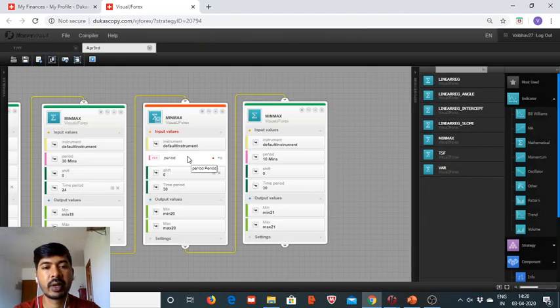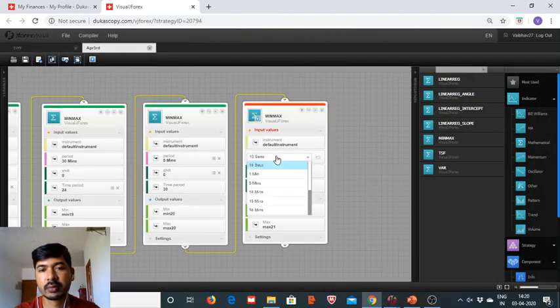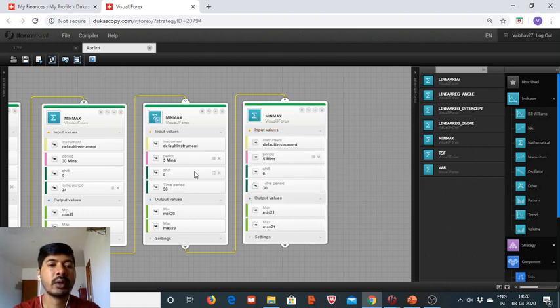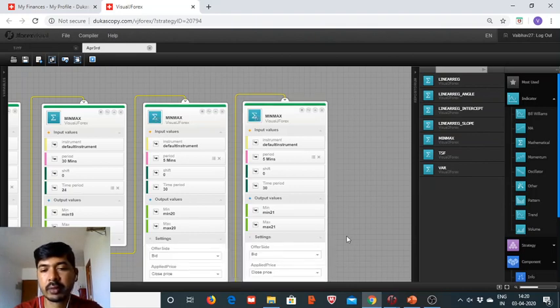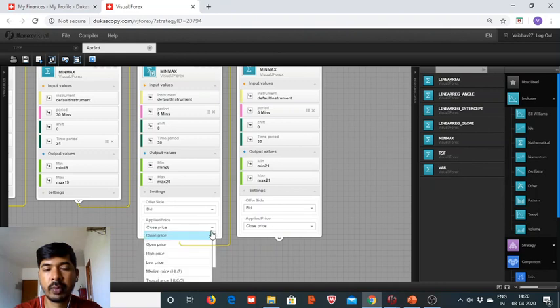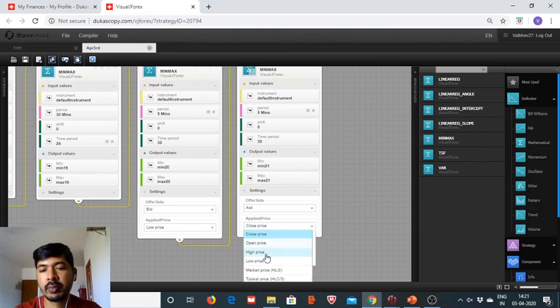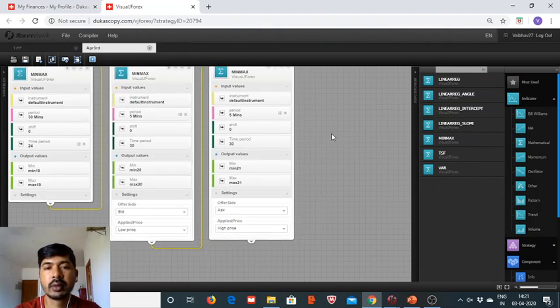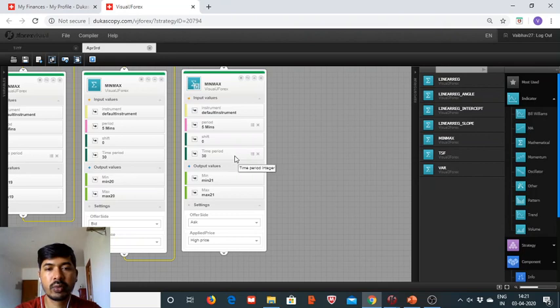We will make it 5 minutes, and here also 5 minutes. Shift will remain 0, and one will be bid low price and another will be ask high price. And 5 minutes into 12 candles will be equal to 60 minutes of data. We do that.